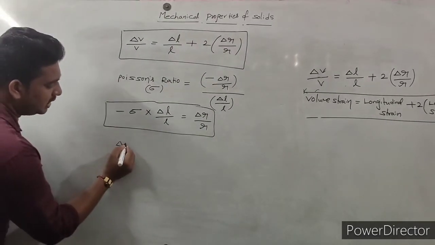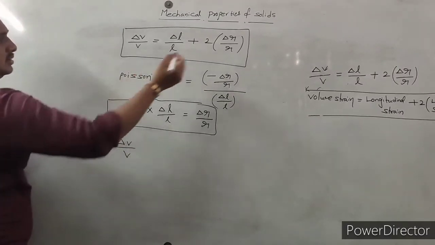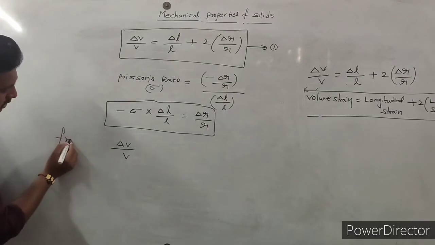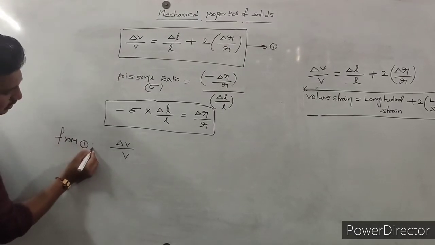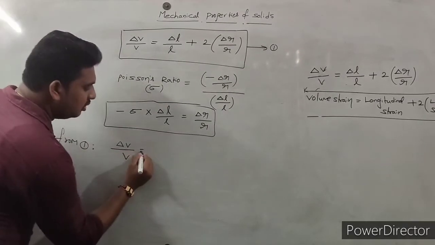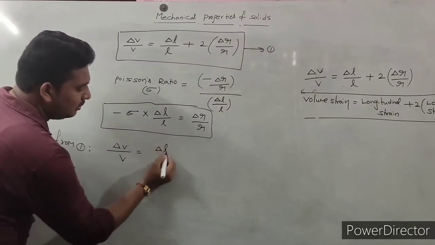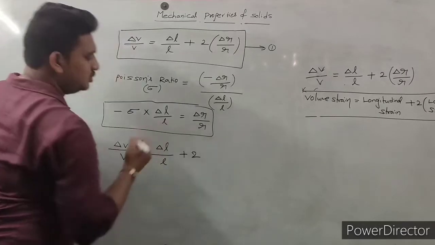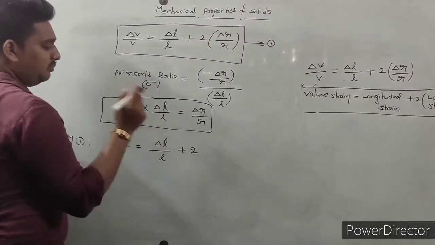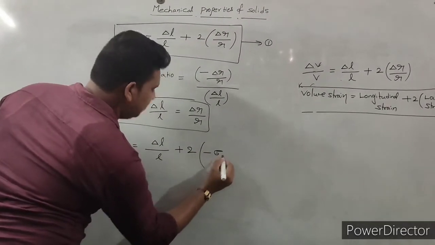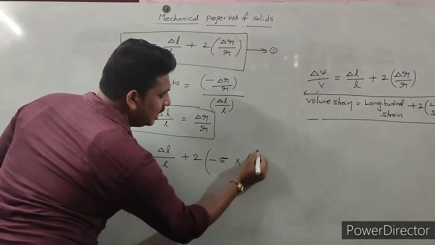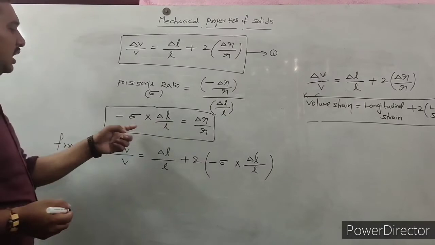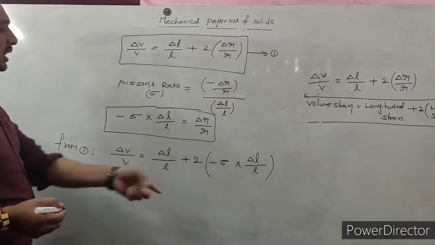So what we got here? Delta V by V is equal to delta L by L plus 2 into delta R by R, and the delta R by R value is minus sigma into delta L by L.